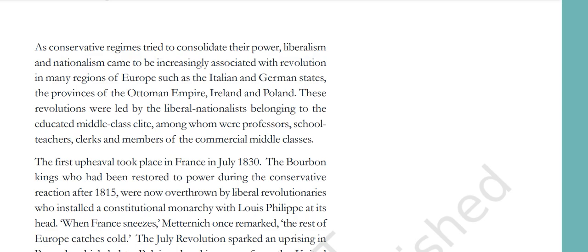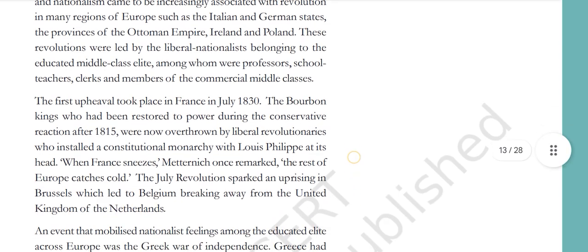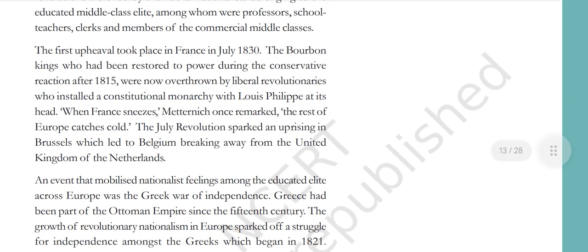These revolutions were led by the liberal nationalists belonging to the educated middle class elite, among whom were professors, school teachers, clerks, and members of the commercial middle classes. The first upheaval took place in France in July 1830.